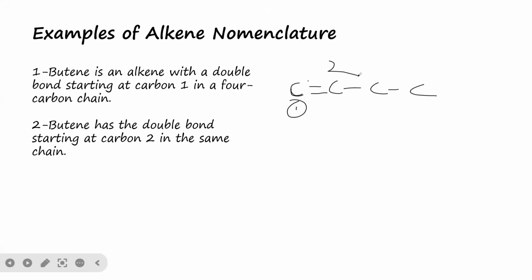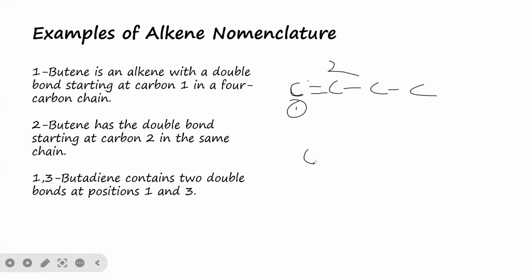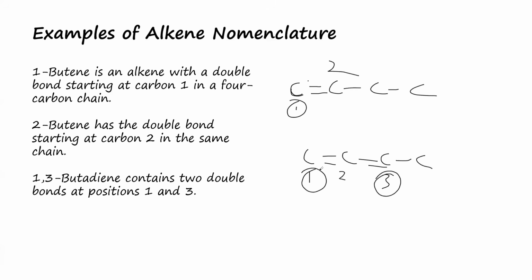When you have 1,3-triene, it means that you have something like this. This is 1, this is 2, and this is 3. So we have a double bond at carbon 1 and at carbon 3. That's why it is 1,3-triene. So it contains 2 double bonds at positions 1 and 3.